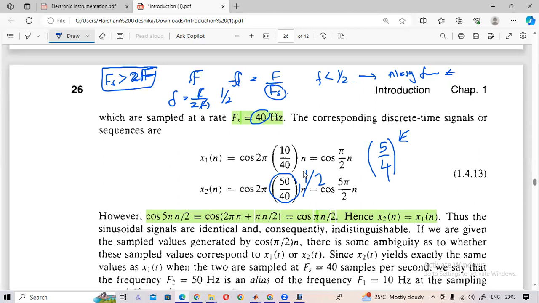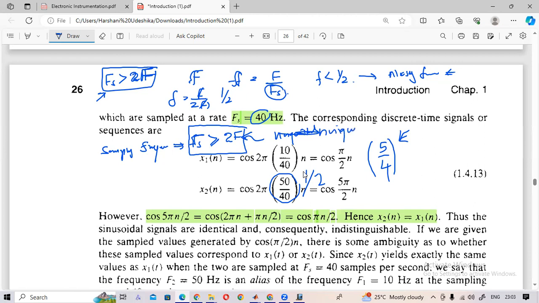There are no same frequencies you can experience. So this is actually one law. When you are selecting the sampling frequency, you need to select it greater than twice the continuous time signal frequency. Actually, this is what we call the Nyquist theorem. I think you have already learned this one. Nyquist theorem.